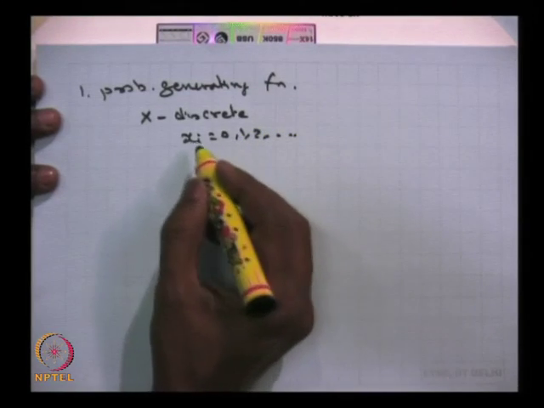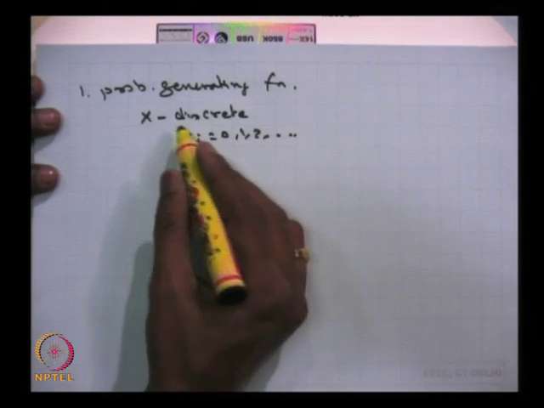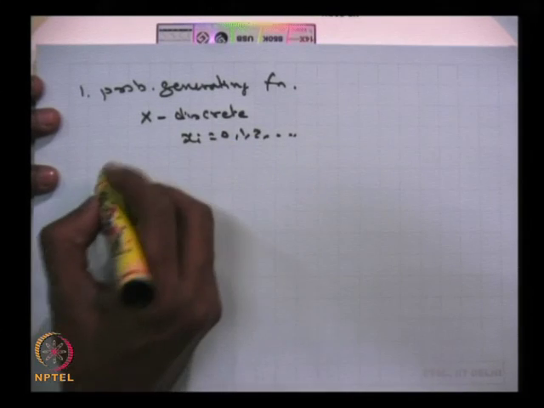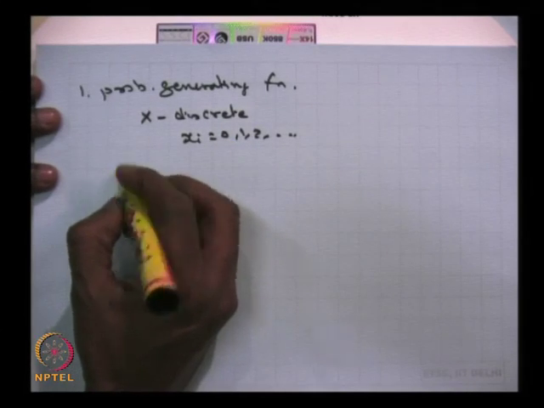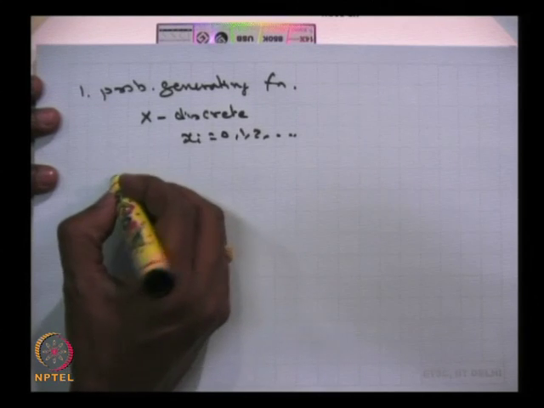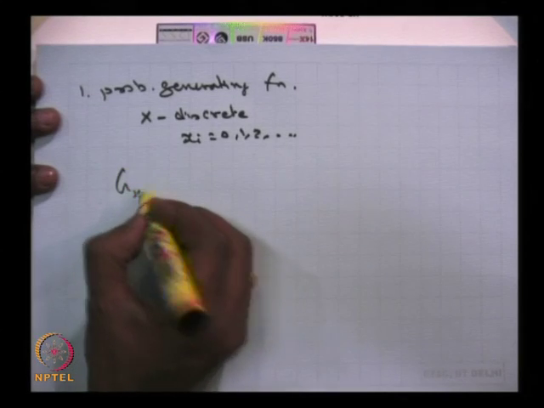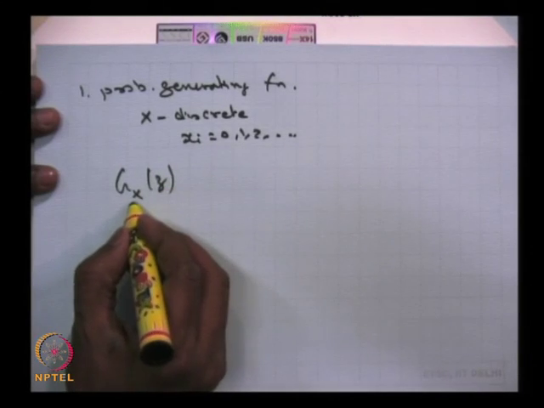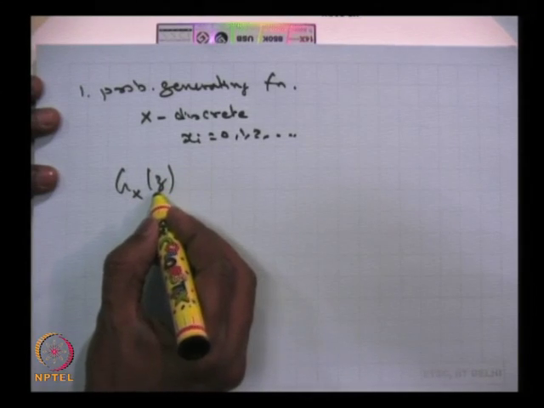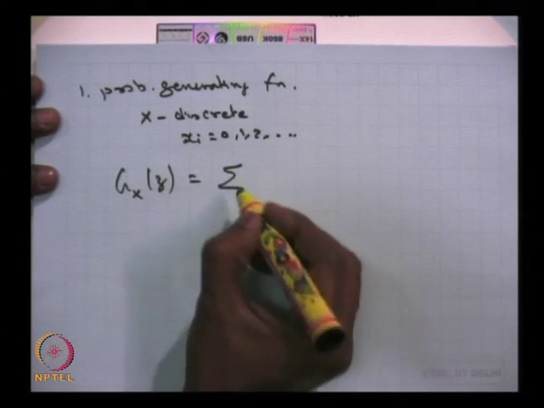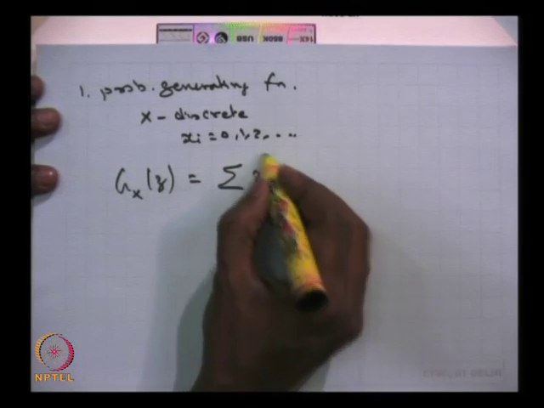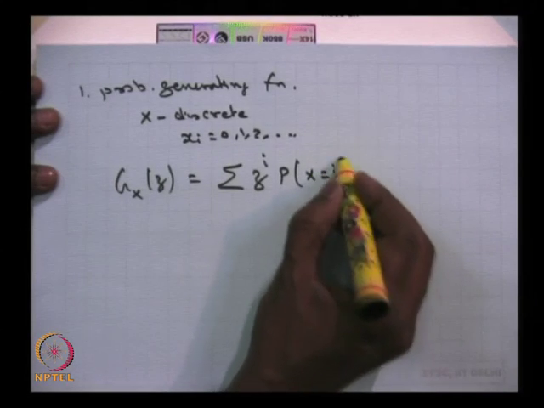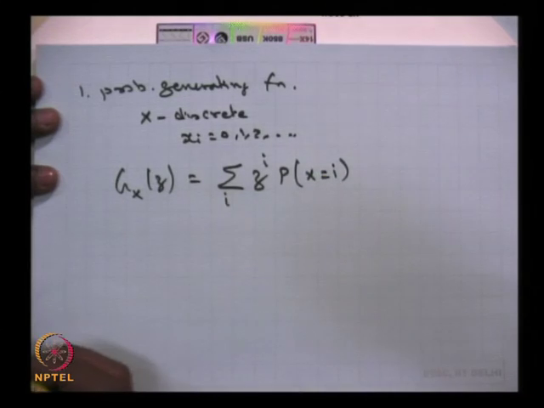That means if the random variable x takes values only 0, 1, 2 and so on, then you can define the probability generating function for the random variable x, with the notation G_X(z), as a function of z. That is nothing but the summation of z power i times the probability that x takes the value i, for all possible values of i.